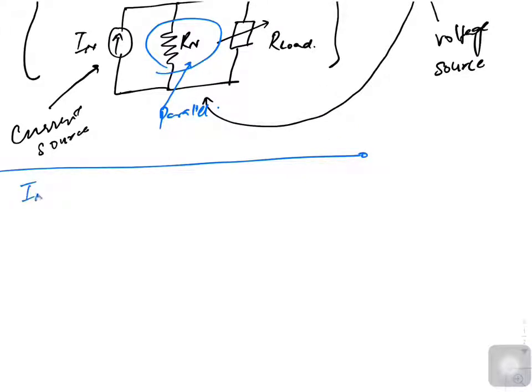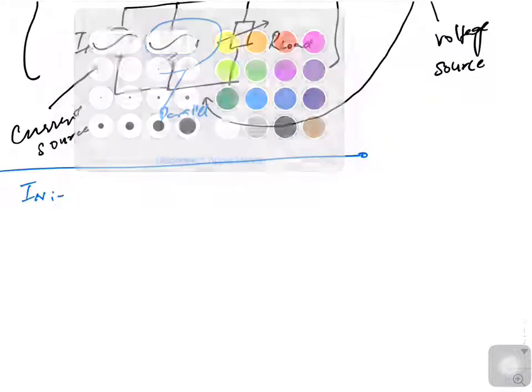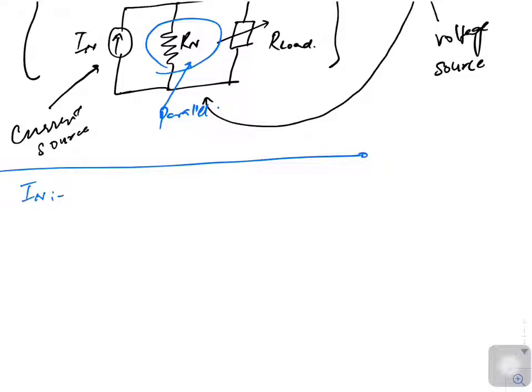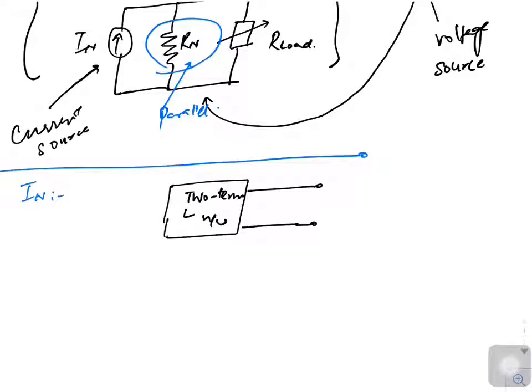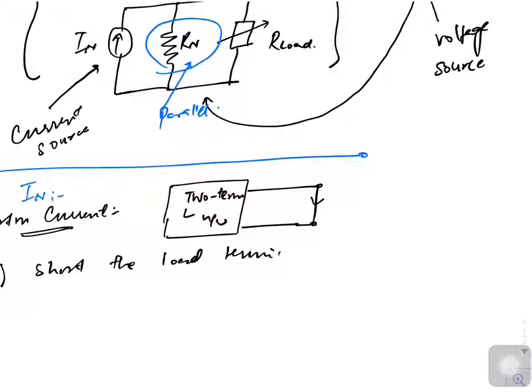Coming to IN, how will we define Norton's current? If we are having a two-terminal linear network and a load connected here, what we have to do is short it. There are two steps to calculate the Norton current. The first step is we have to short the load terminals.